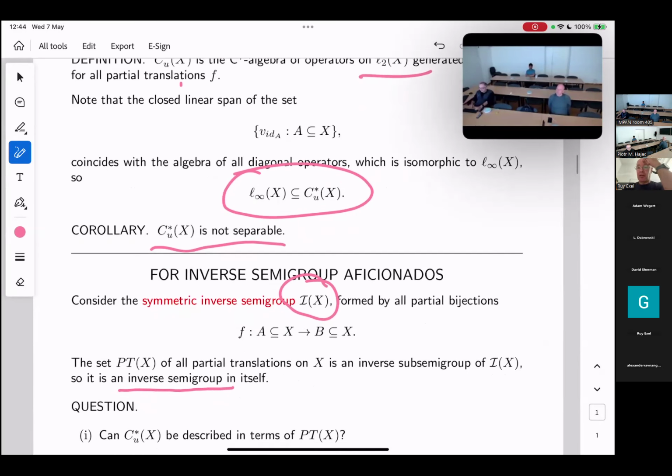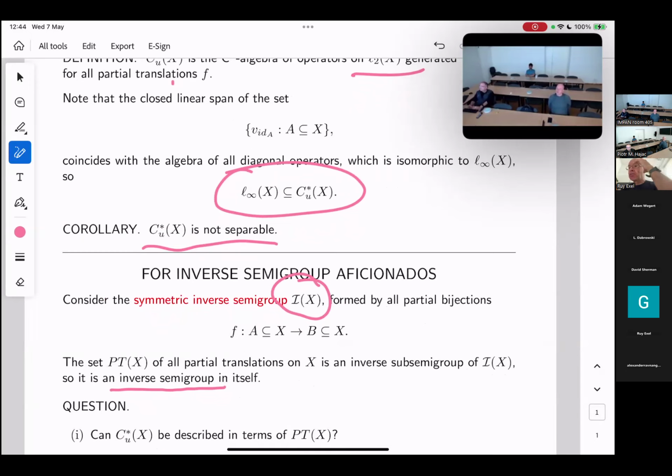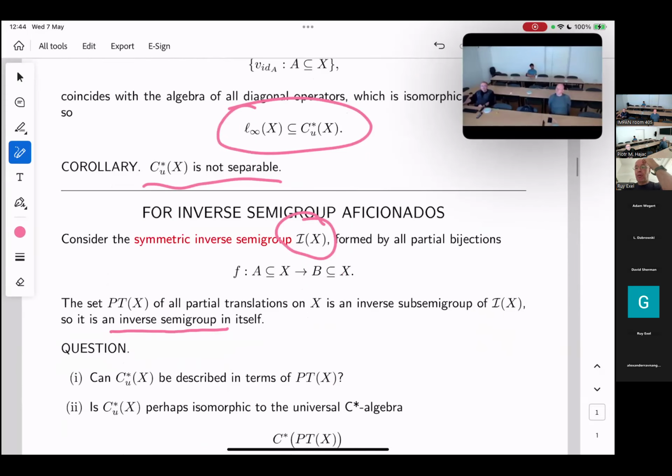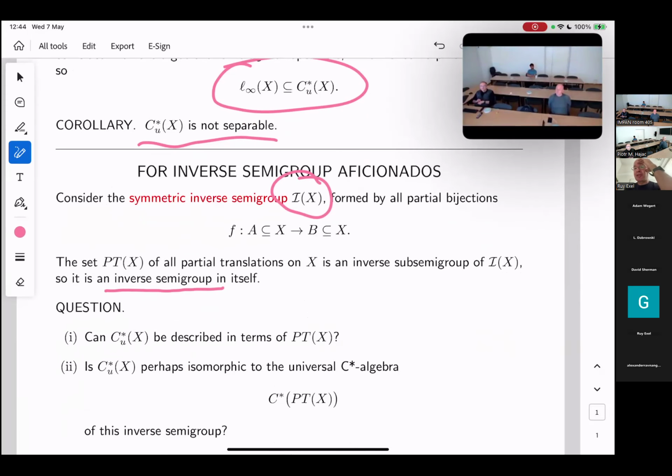So here's a question. If you just know this inverse semigroup multiplication, can you recover the uniform Roe algebra in terms of this inverse semigroup? People working in inverse semigroups define the uniform C-star algebra of an inverse semigroup.